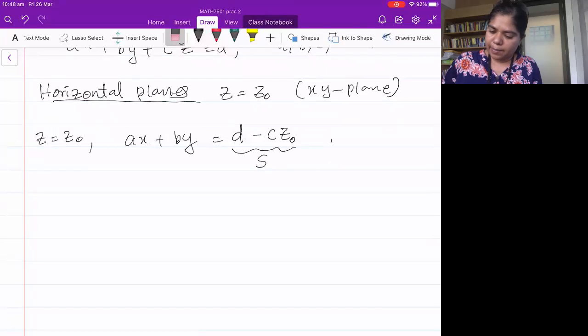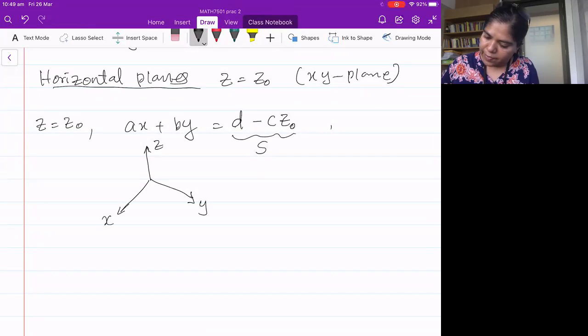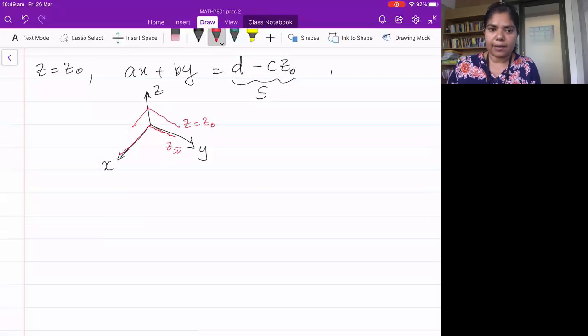And vertical planes are given by, so in this case, if this is your x, y, z, if z is equal to 0, that's the plane parallel to the xy axis, that's z equals 0. But for the other numbers, that would be z equal to z0. It would be parallel to the z equals 0 plane.